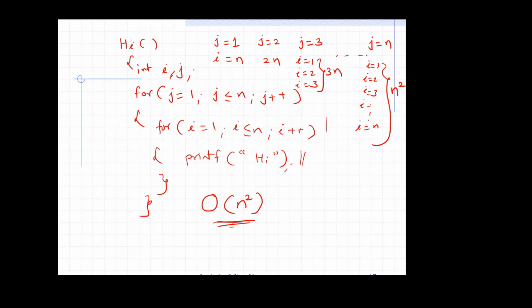Now we'll take a little different example. So let's say we have a for loop, but now it goes from i equals 1 while i squared is less than or equal to n.